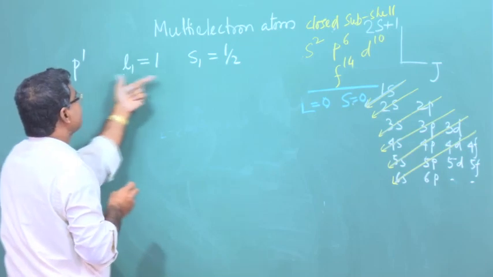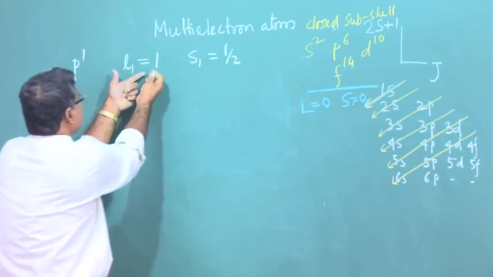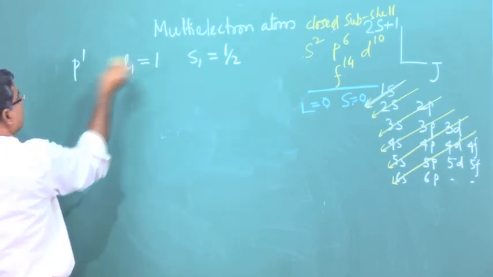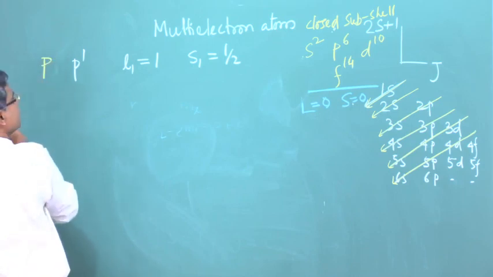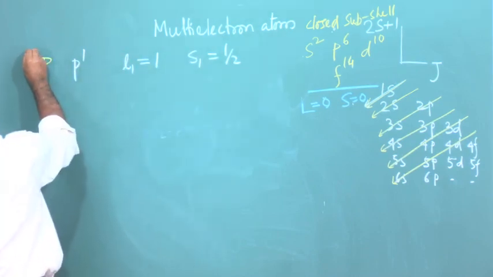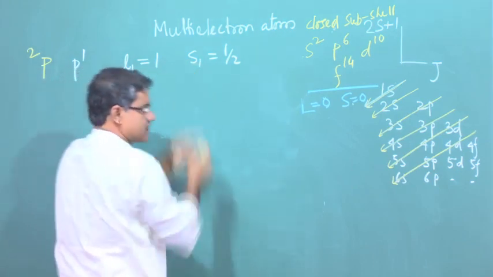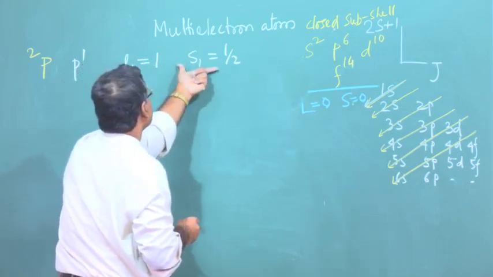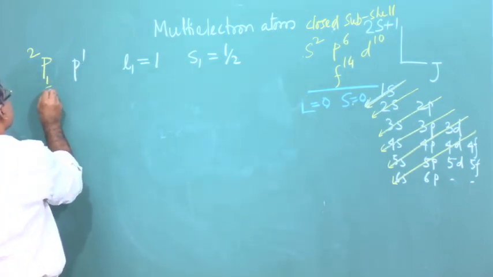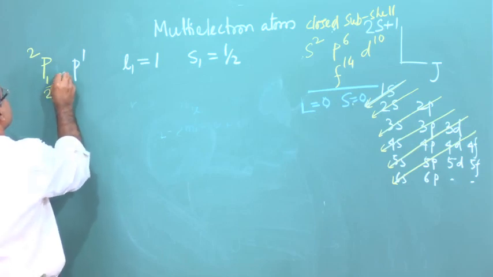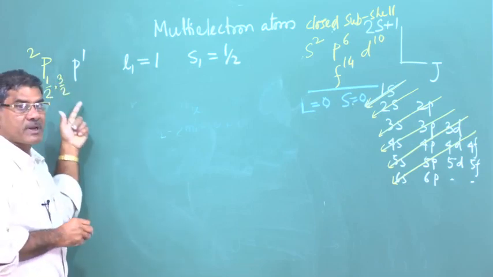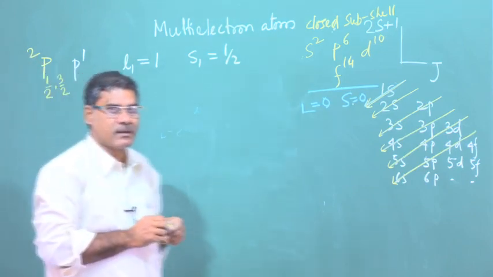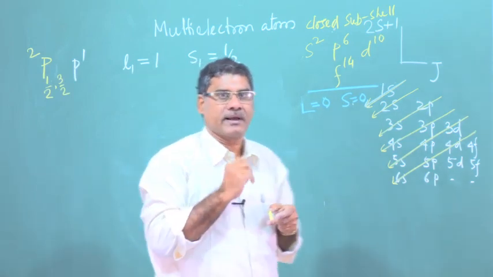Its state will be the spectroscopic term P, with 2S+1 equal to 2, and J will be half and 3 by 2. So, basically there are 2 spectroscopic terms, one is 2P1/2, another is 2P3/2. Okay. So, for a p electron, 1 electron, these are the states.